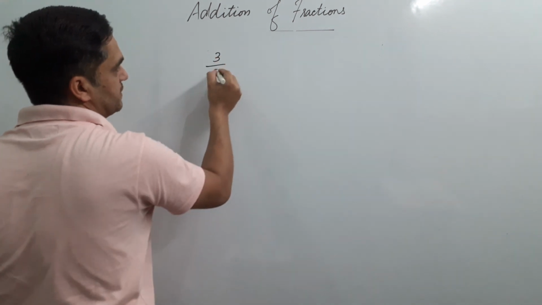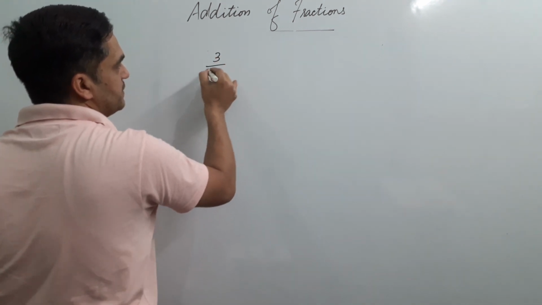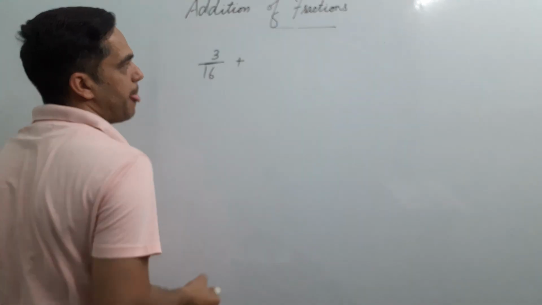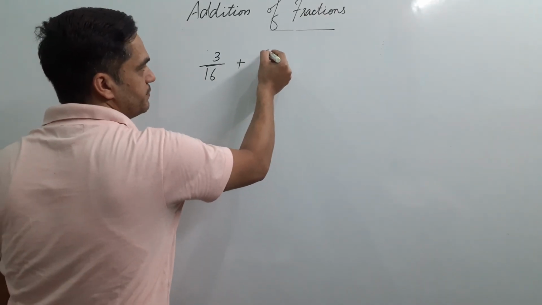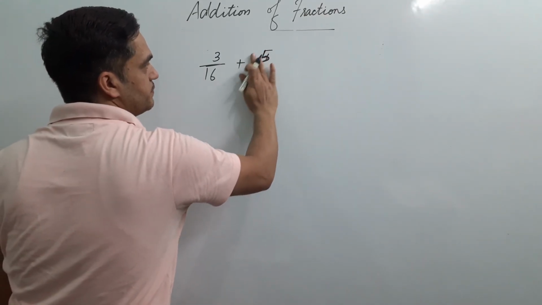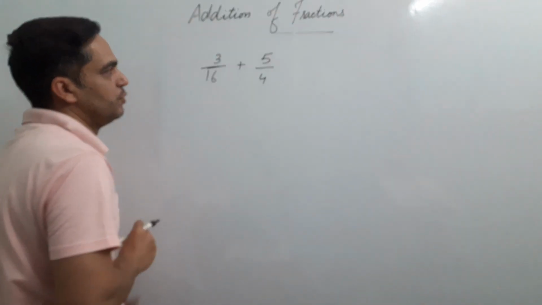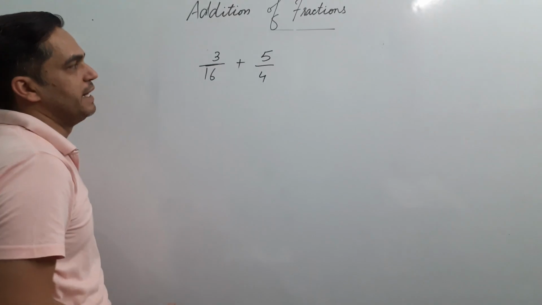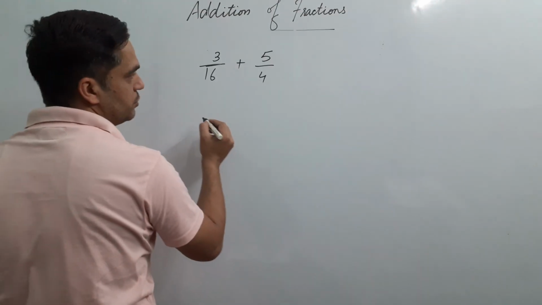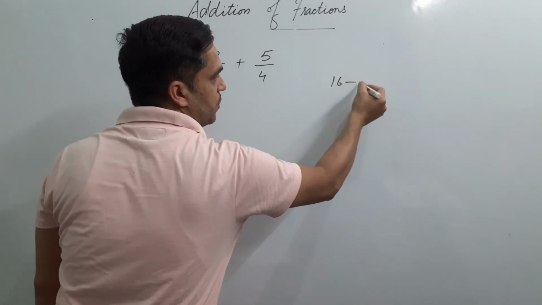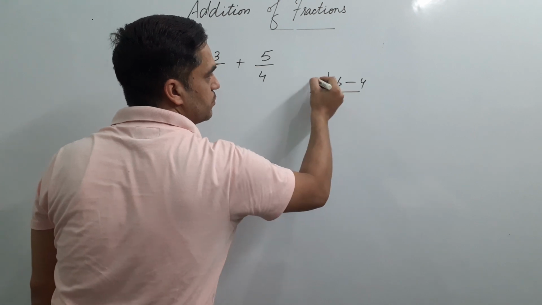So it is easy to add when the denominator are same, but in case of different denominators, 3 by 16 plus 5 by 4, so I want to add them. First of all, you should take the LCM of these two.